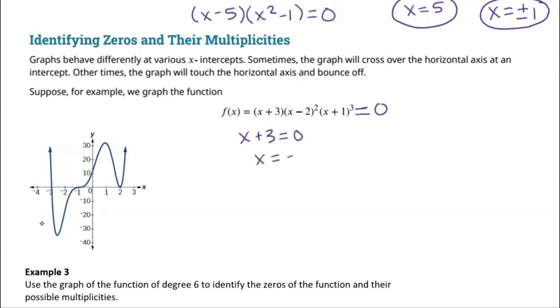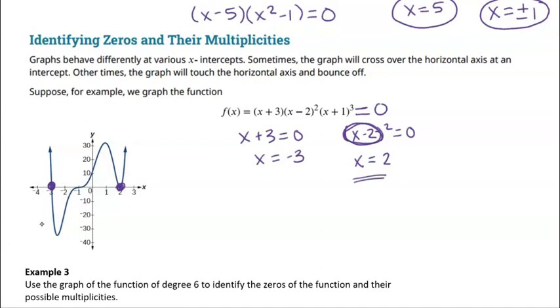So x could be -3. Notice that's a 0 of my graph. X could be 2. Notice it's not x squared minus 2. It's that I have 2 factors of x minus 2.